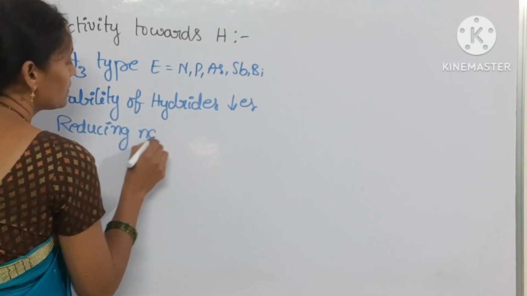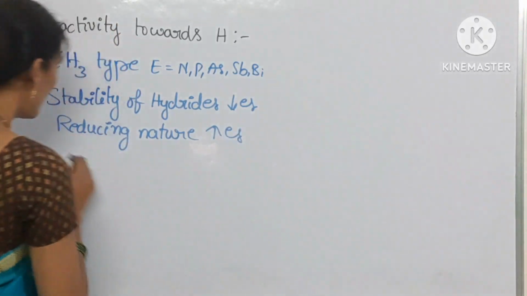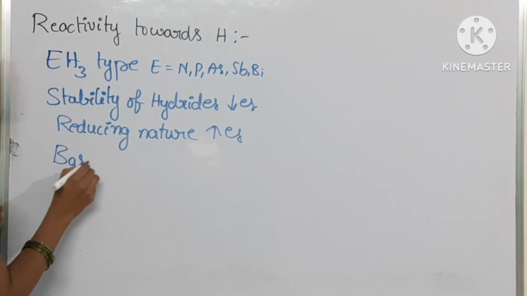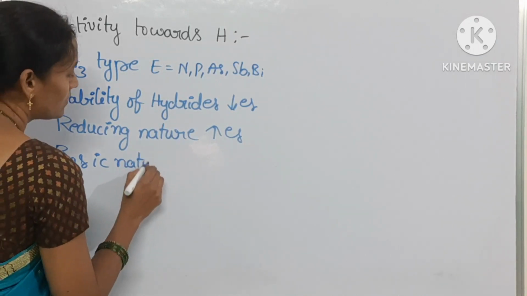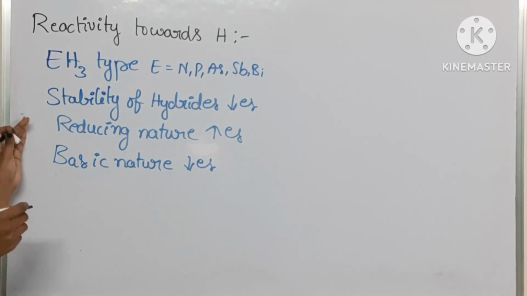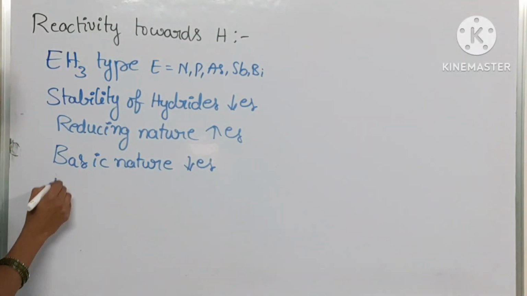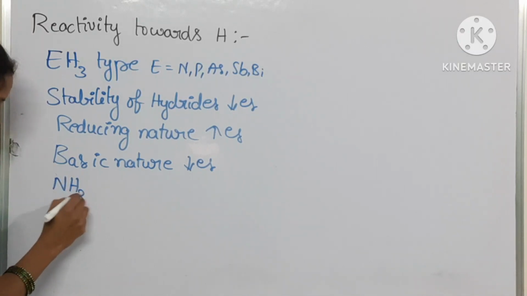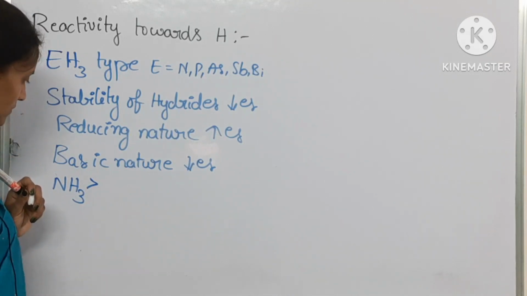Reducing nature increases. Here basic nature decreases. Basic nature or basicity decreases down the group. All these properties come under the down the group trend.